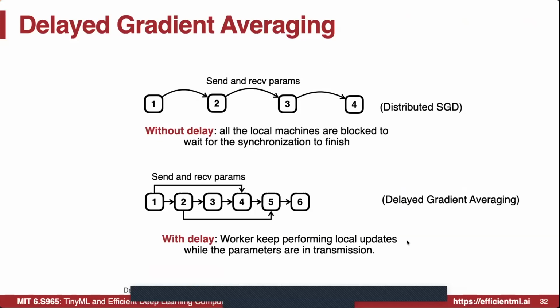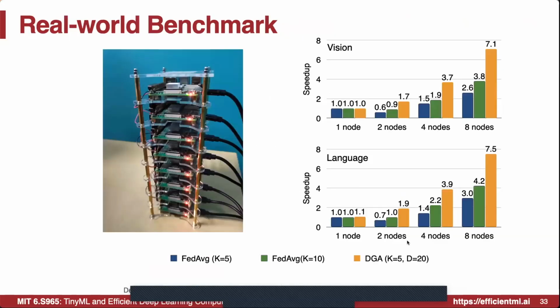It's like submitting the homework utilizing the late days. You utilize 4 late days, and still it can converge. Finally, we learned about this speedup using an 8-node Raspberry Pi, showing the effectiveness of these methods.